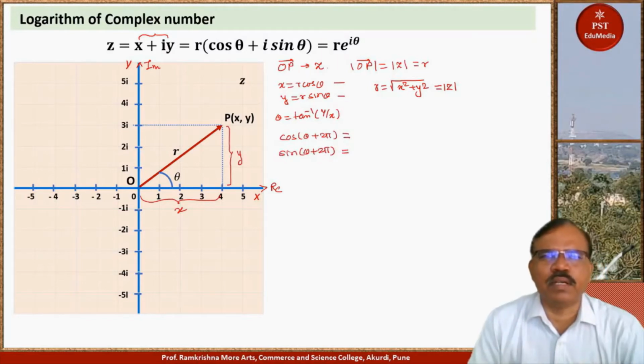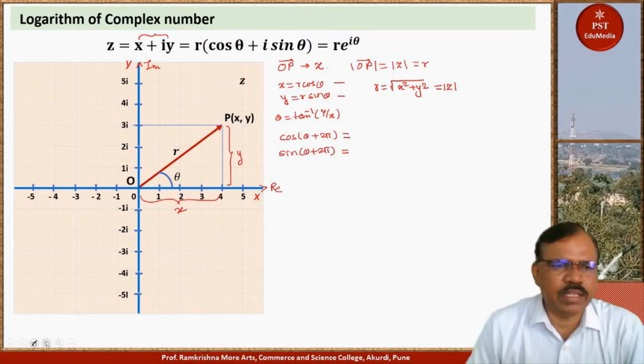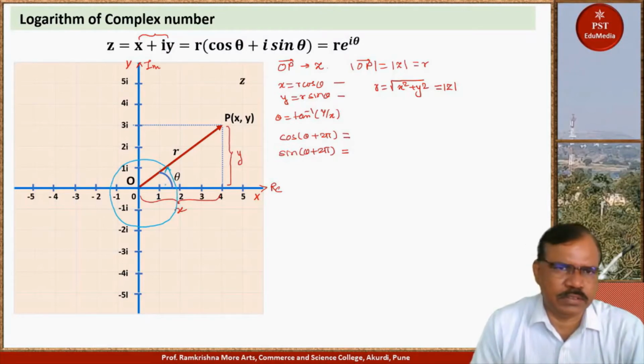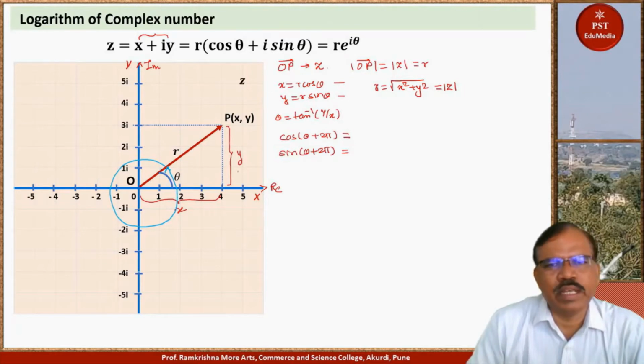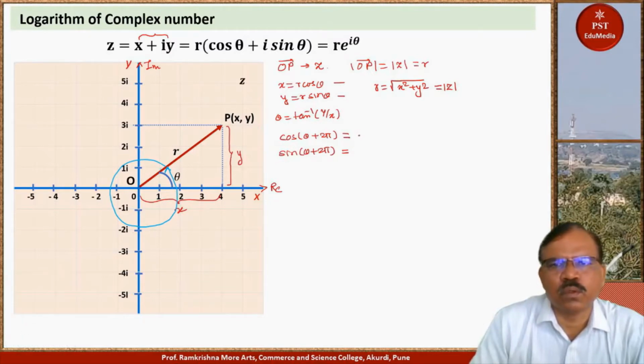Now here if we take cos of theta plus 2 pi and sin of theta plus 2 pi, it means the argument of complex number is increased by 2 pi. So when we increase argument by 2 pi, means start from this and go through 2 pi, we are again at the same place. So we get cos of theta plus 2 pi is equal to cos theta and sin of theta plus 2 pi is equal to sin theta.